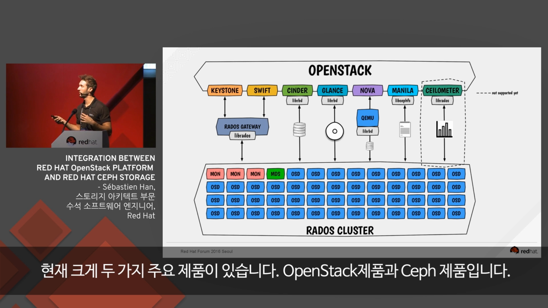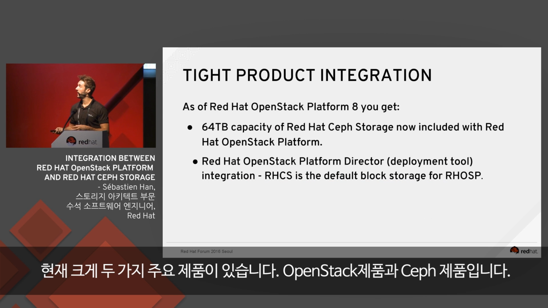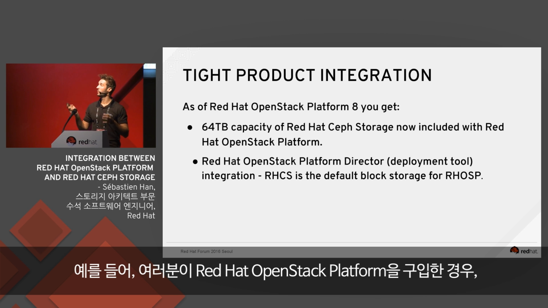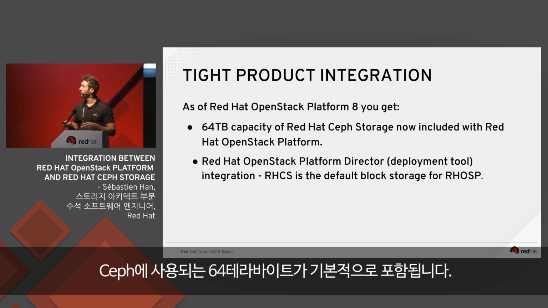Now, obviously, we have two big products, one big OpenStack product and one Ceph product, and their integration is really tight at the moment. So, for example, when you get Red Hat OpenStack Platform, what you get by default, included as part of the product, is 64 terabytes of storage for Ceph.